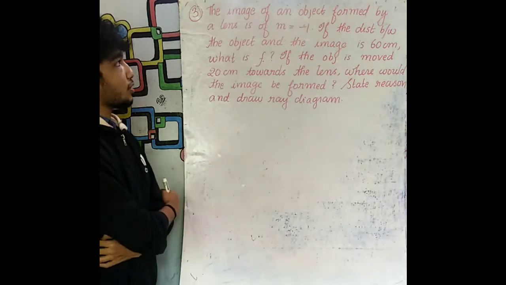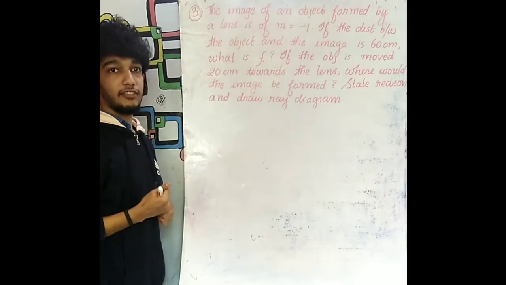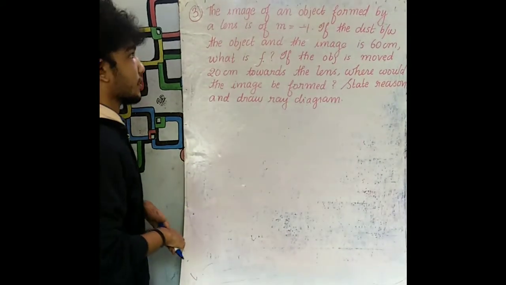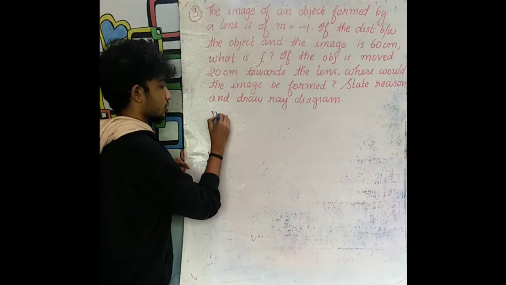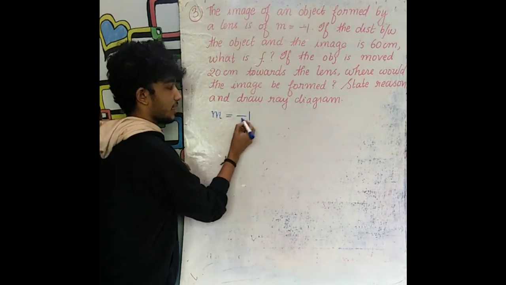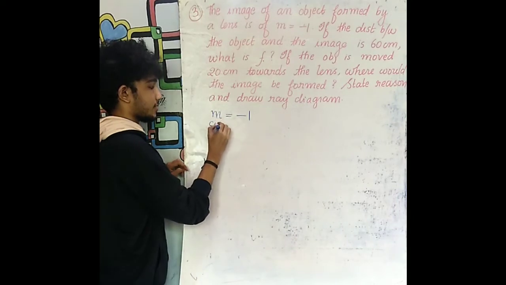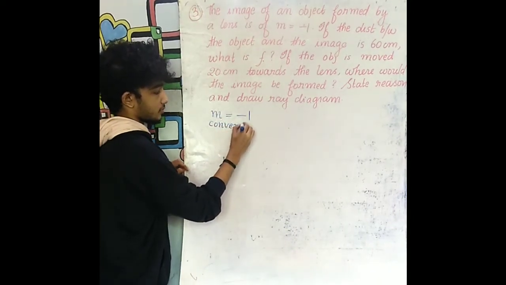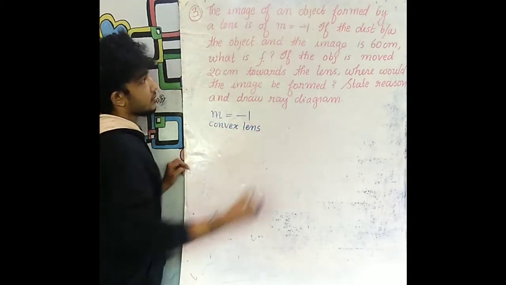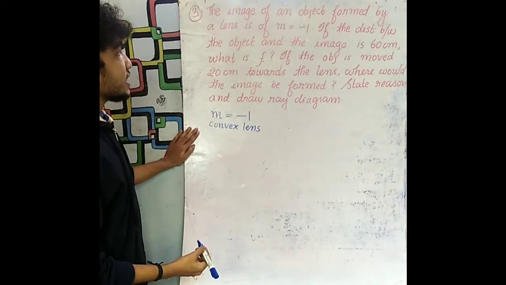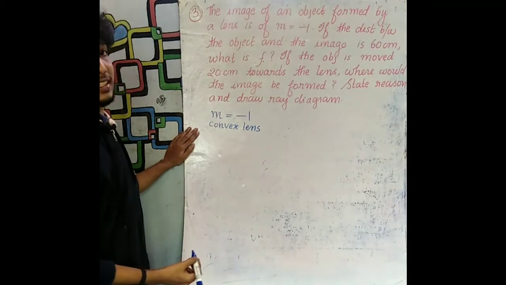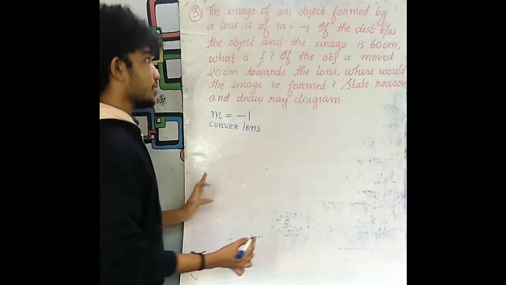The image of an object formed by a lens is of magnification -1. Magnification is equal to -1. What does that show? This sign indicates that the lens is a convex lens. If the distance between the object and the image is 60 centimeter, read the statement carefully.